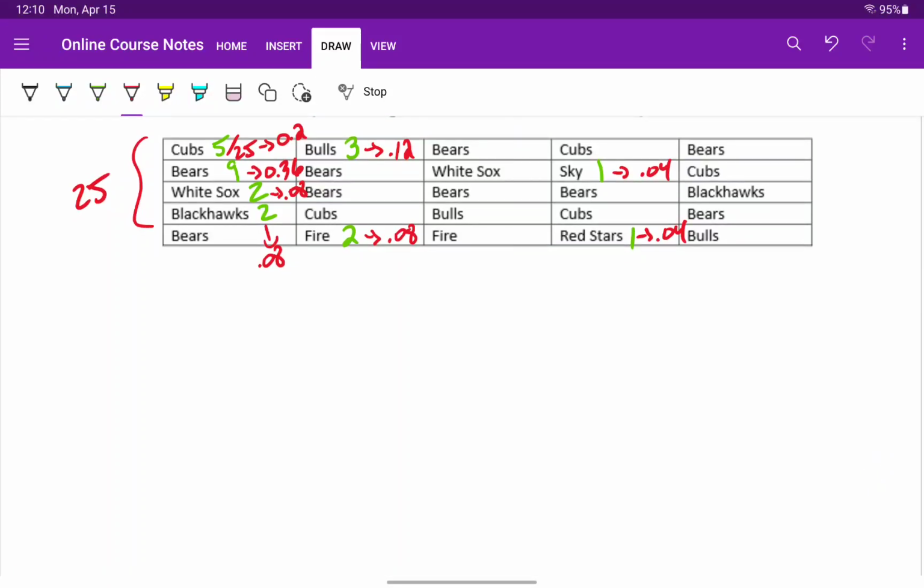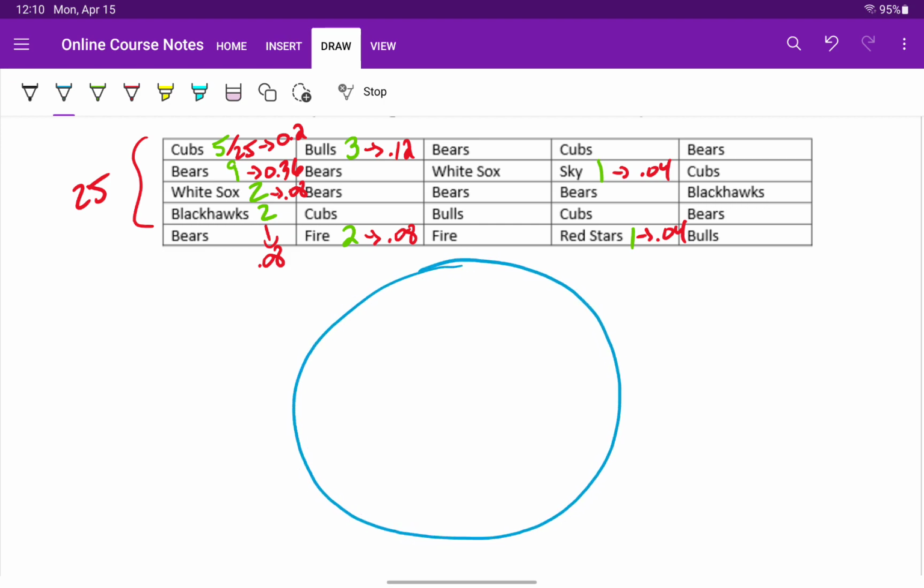So we're going to have 8 different pieces of our pie that we're going to have to cut and represent. And doing this by hand is extra challenging just because, for me in particular, I'm not really great at drawing, so we typically rely on technology for this, but to demonstrate how we would go about it, we would cut out a piece that represented, to start off, 0.36, and that would represent the proportion of times that people responded bears.